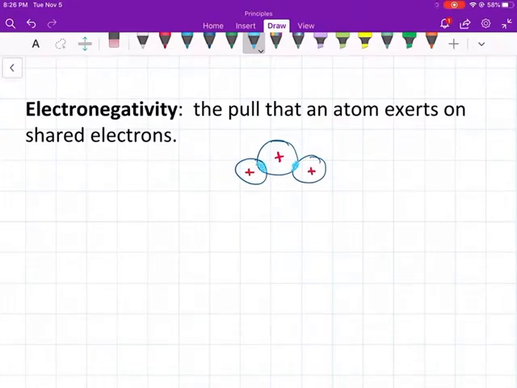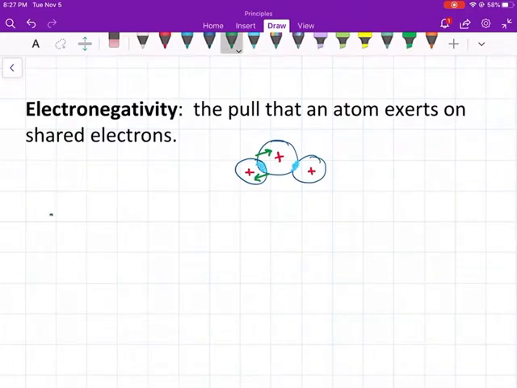Well, electronegativity is just describing how much pull that oxygen nucleus exerts on those shared electrons versus how much pull the hydrogen nucleus exerts. And so the electronegativity is just telling us which atom is pulling those shared electrons with more force.